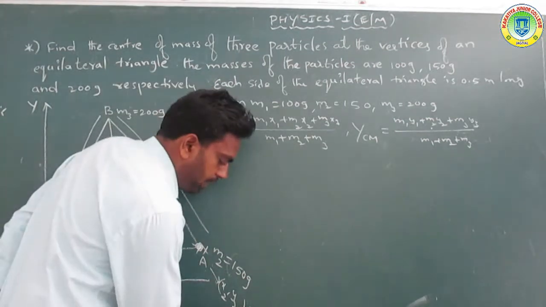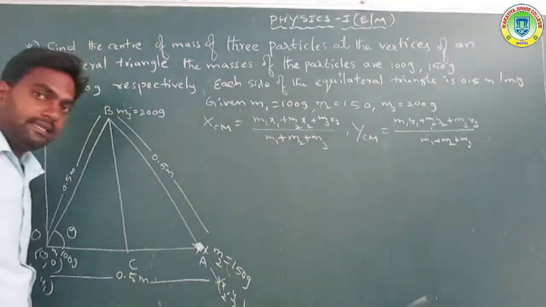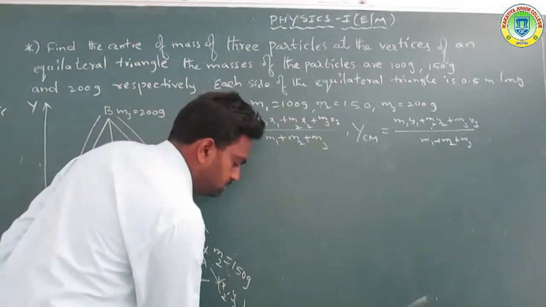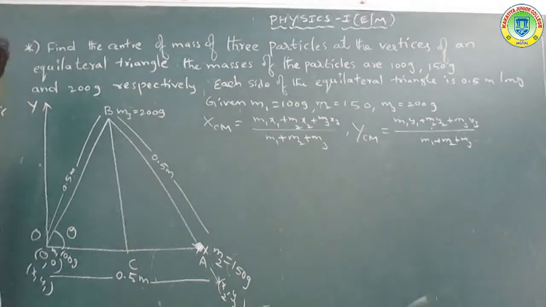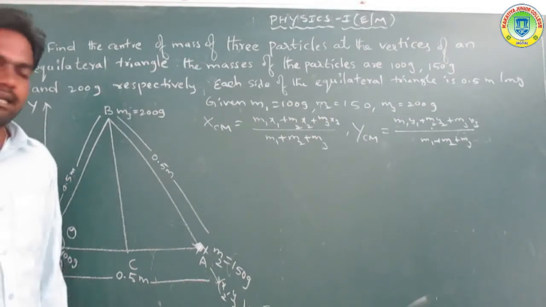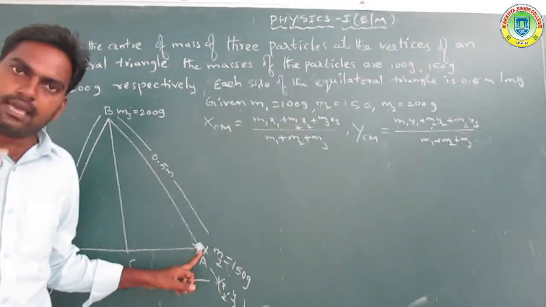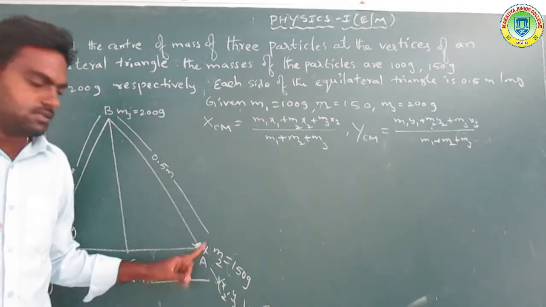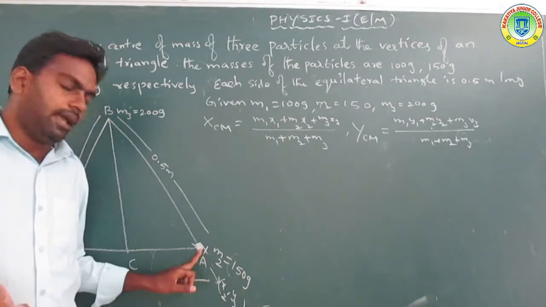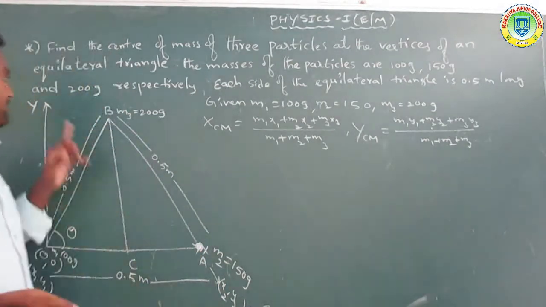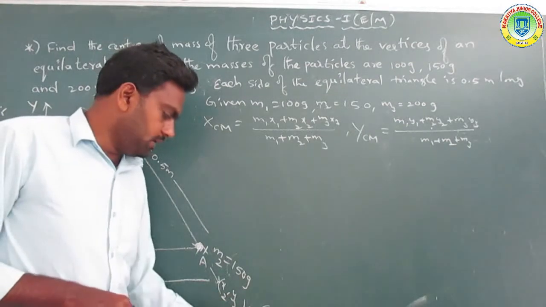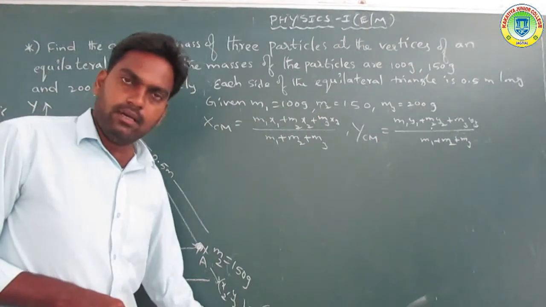So x2 is 0.5 on the x-axis, and y is 0 because the particle lies only on the x-axis. So x2, y2 is equal to 0.5 comma 0.